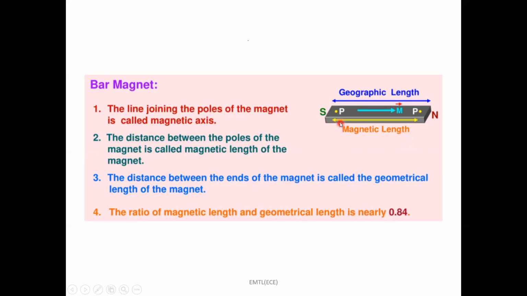The distance between the ends of the magnet, when you observe the figure, where the pole strength is just in front of the ends, is called the geometrical length of the magnet. The ratio of the magnetic length and geometrical length is equal to 0.84.